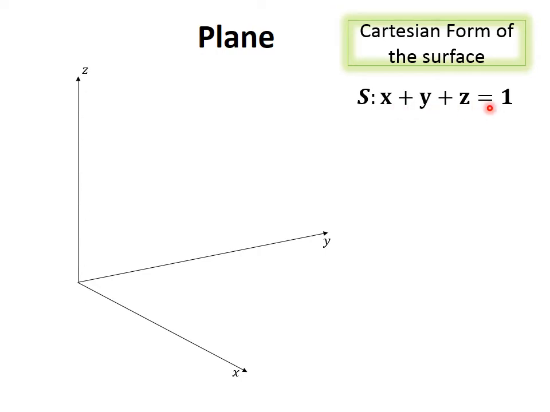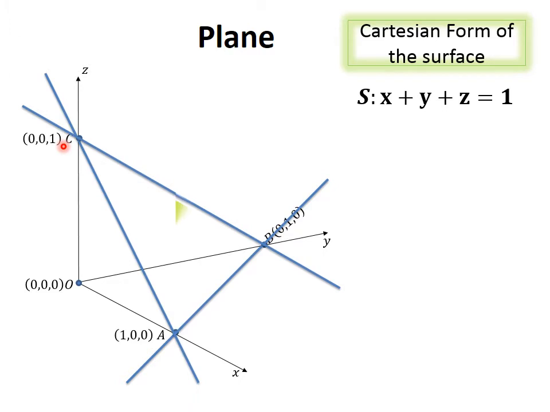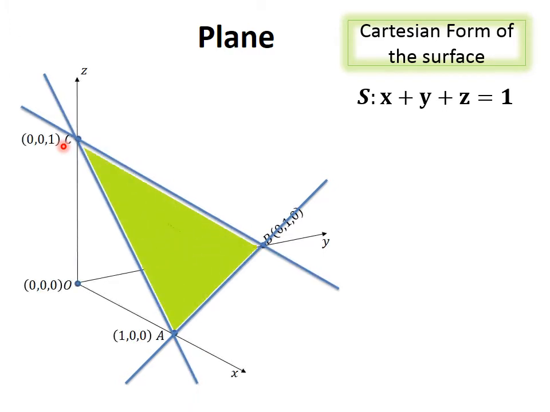To sketch this surface, we first look into the intercepts for the x, y and z coordinates. The intercepts are 1, 0, 0; 0, 1, 0; and 0, 0, 1. Connect these points by straight lines.